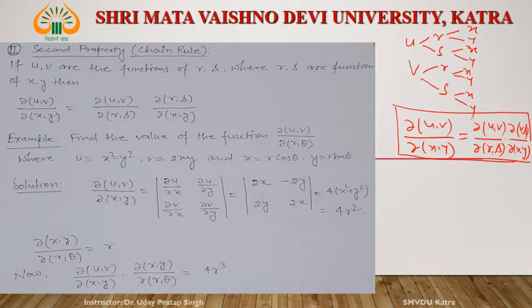What is the problem? u equal to x²−y², and v equal to 2xy, x equal to r cos θ, and y equal to r sin θ.